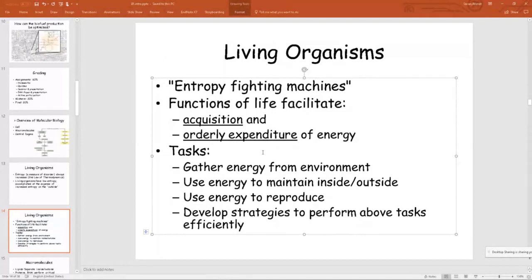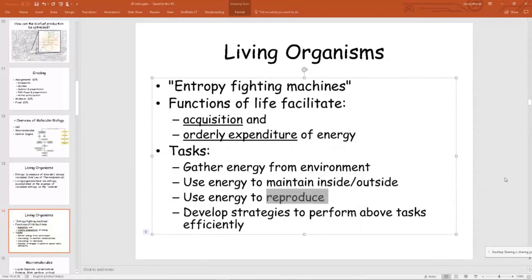And the tasks that they have are gather energy from the environment, getting food from the environment, or solar power, and then use this energy to maintain inside and outside separation. Okay, so the inside-outside separation doesn't come automatically. They have to constantly maintain that separation.